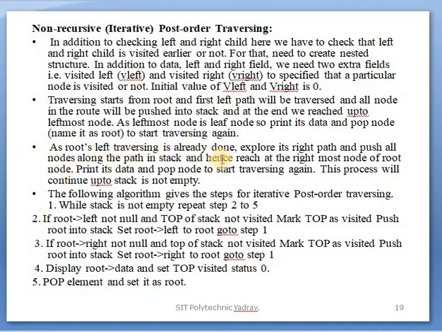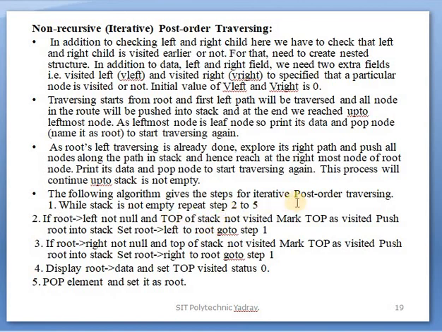The root's left traversal is already done. Explore the right path and push all the nodes along the path onto the stack. Hence, reach the rightmost node of the root node, print the data and pop the node to start traversing again. This process continues until the stack is empty.